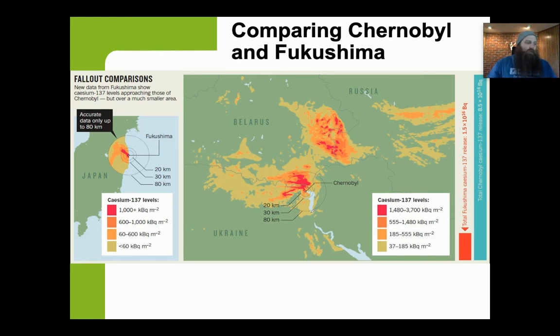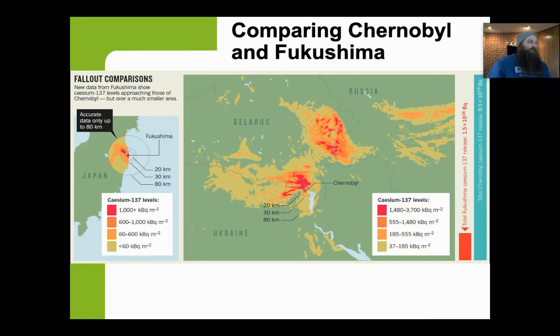And you can see here these two circles, right? This circle right here and the circle right here. Those are both 80 kilometers. And you can see that Chernobyl had quite a bit, if you look at the red, you can see the amount of cesium-137.